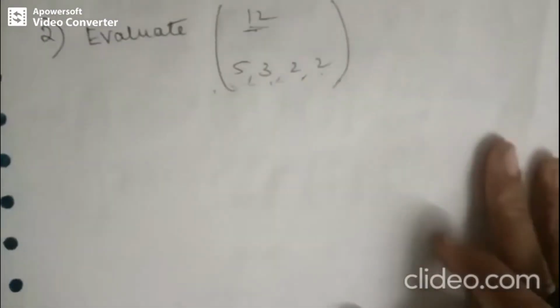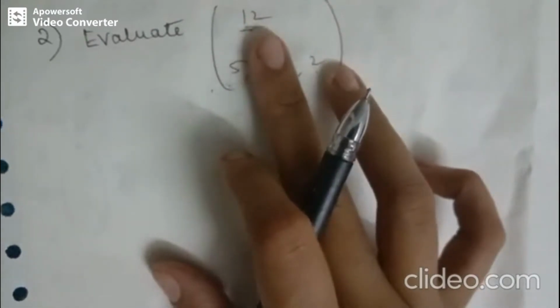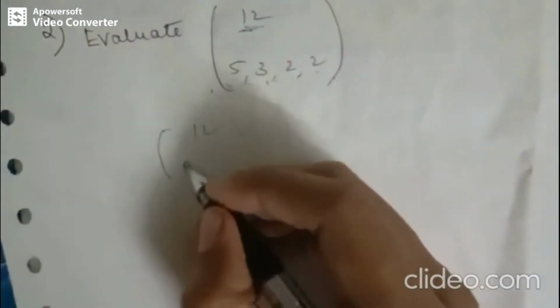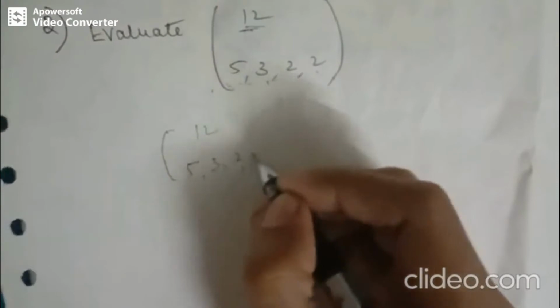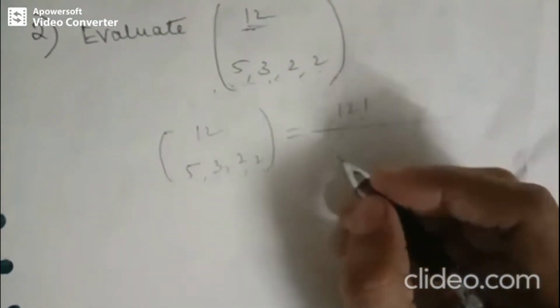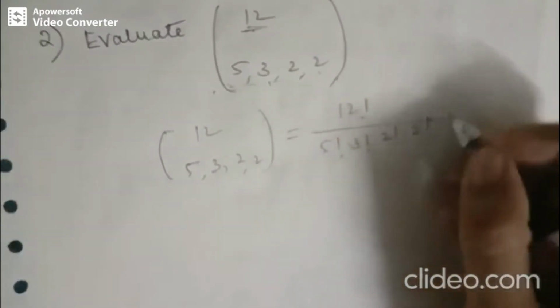Before substituting, we know directly how we can evaluate this term. I am writing it over here: it is 12 factorial by 5 factorial into 3 factorial, 2 factorial into 2 factorial.